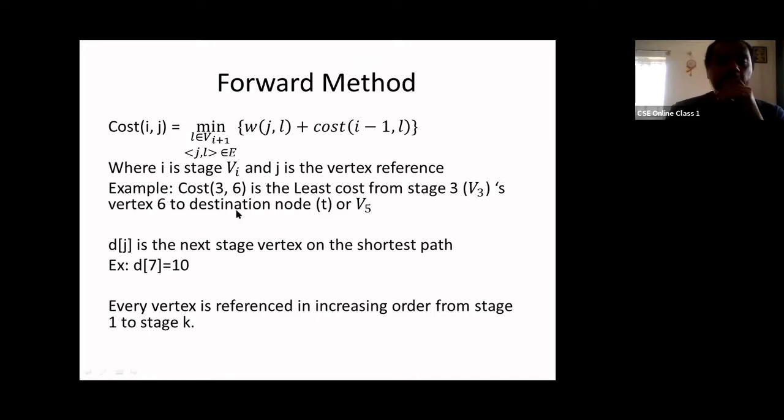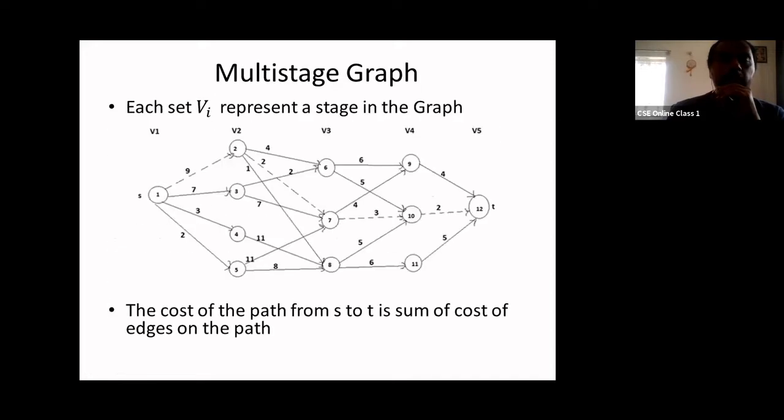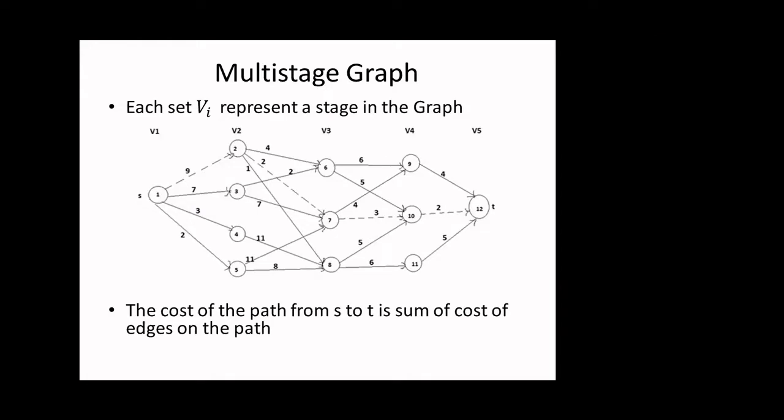If we say cost of 4, 5, then there should be a fourth stage vertex 5, but as of now we don't have that. If we call the fourth stage vertex 9, we can say it is cost of 4, 9. Similarly, cost of 2, 3, what does it indicate? Cost of 2, 3 indicates it is second stage vertex 3.